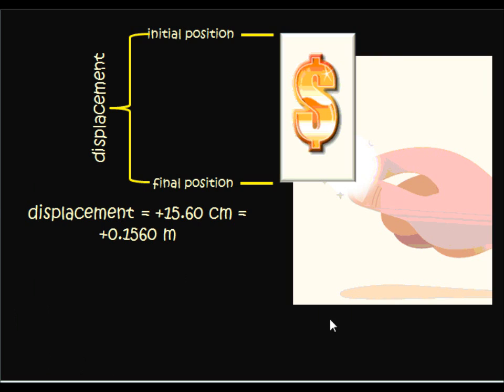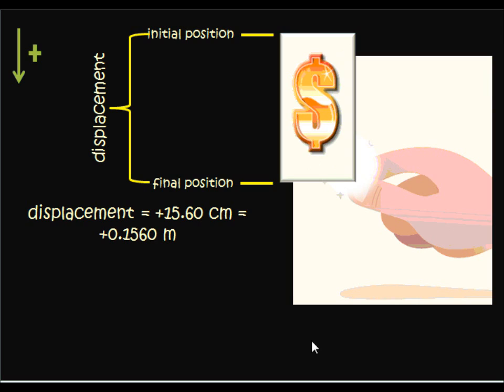Quite often it is convenient to establish the positive direction not to be upward, as you will see quite often, but to be downward. And this is one of those cases. I want to say that the positive direction is downward, because the dollar bill is moving downward.